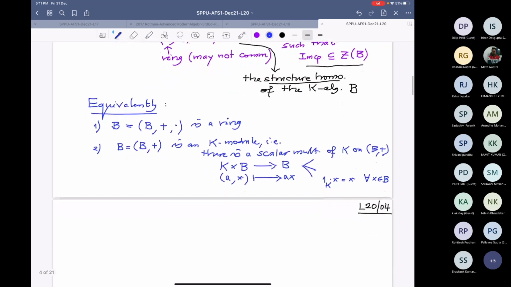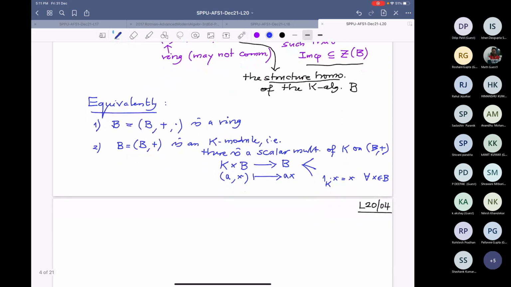And then the third one is that the multiplication and scalar multiplication are compatible with each other. So this is a ring multiplication, remember, and this is a scalar multiplication.